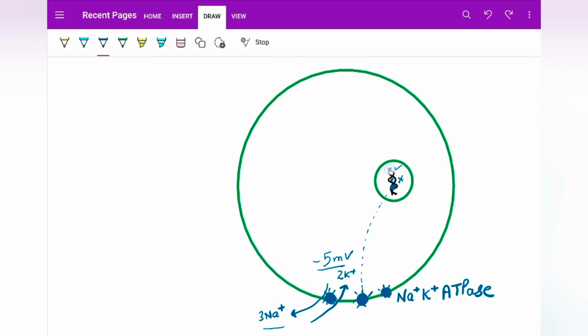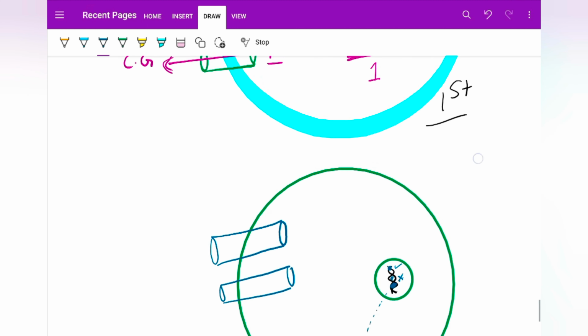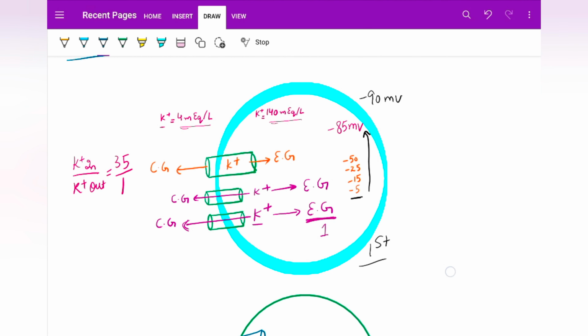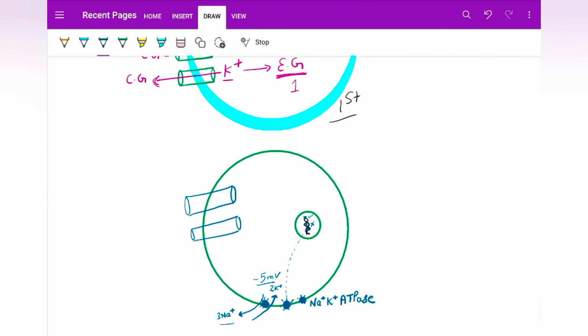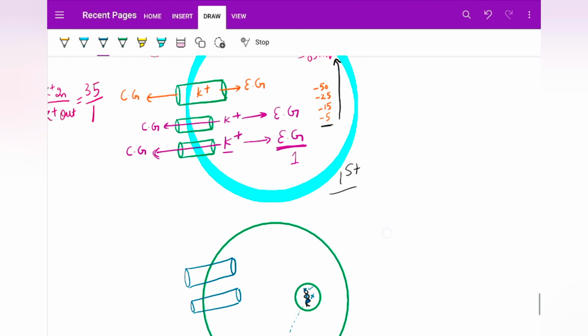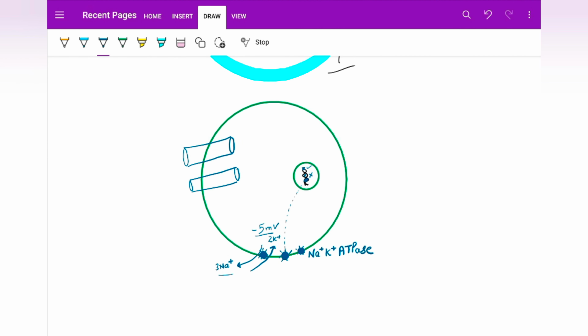So due to activity of this gene, we are going to have sodium channels here. All right. The only difference between the first cell, which we discussed, and the second cell, which we are discussing, is that in the first one the cell membrane was permeable for potassium, not sodium. In this one, the cell membrane is permeable for sodium, not potassium.